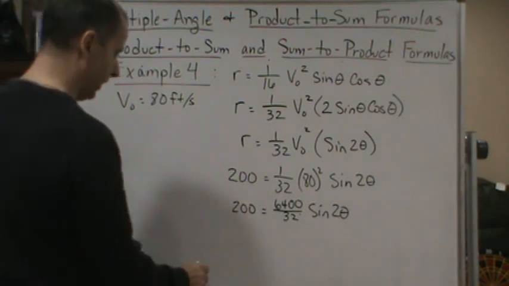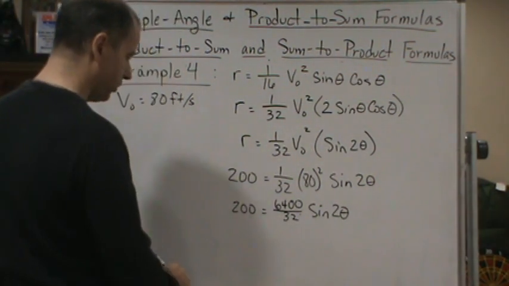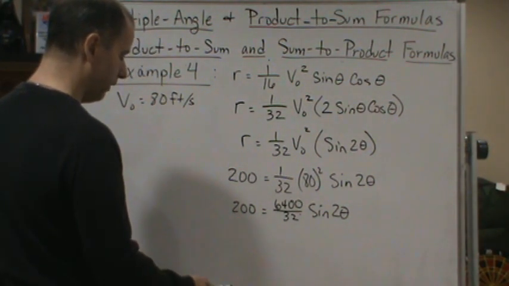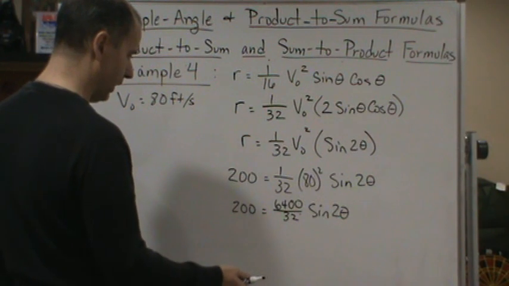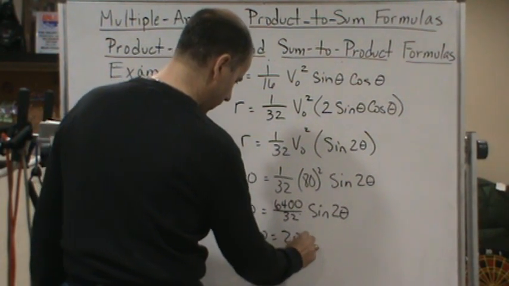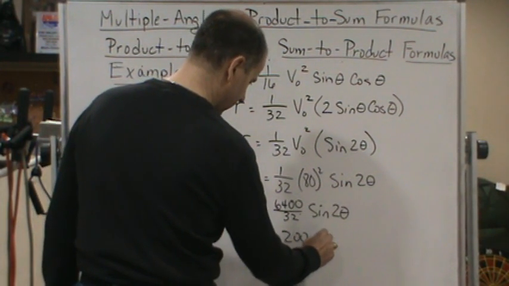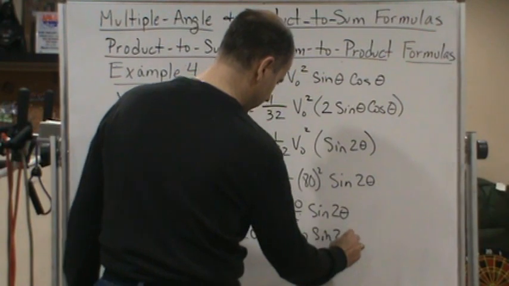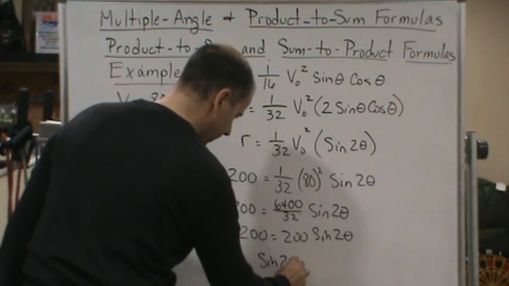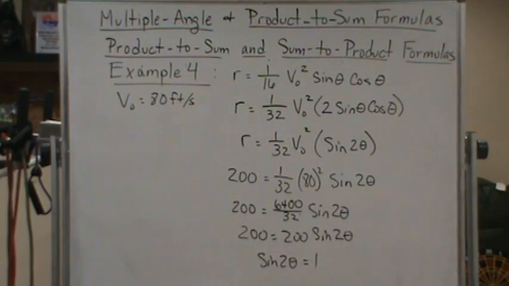Well, this is cool because 6,400 divided by 32 is going to be 200. So it's going to be 200 equals 200 times sine of 2 theta. And so sine of 2 theta is going to equal 1. Well, when is sine equal to 1? Sine is equal to 1 at pi over 2 and 3 pi over 2.